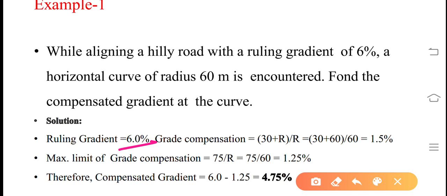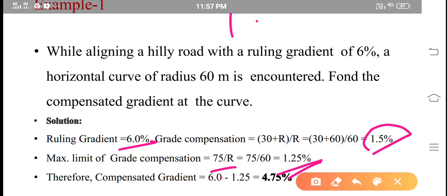Grade compensation is equal to (30 plus R) divided by R. 30 plus 60 divided by 60, you will get 1.5%. Maximum limit of grade compensation is 75 by R, that is 75 by 60, it is 1.25. Therefore, grade compensation must be taken equal to 1.25, not 1.5.